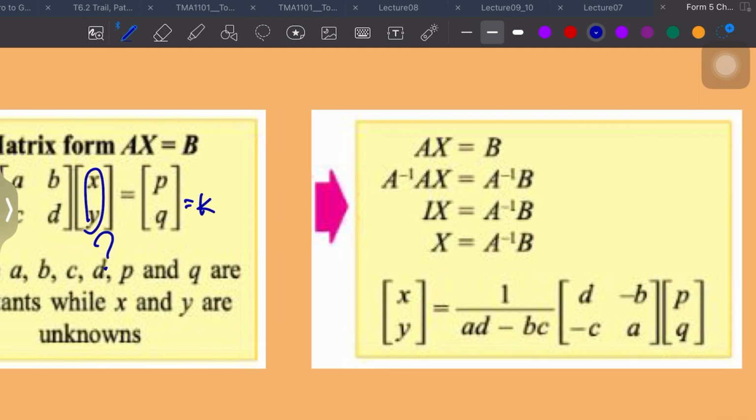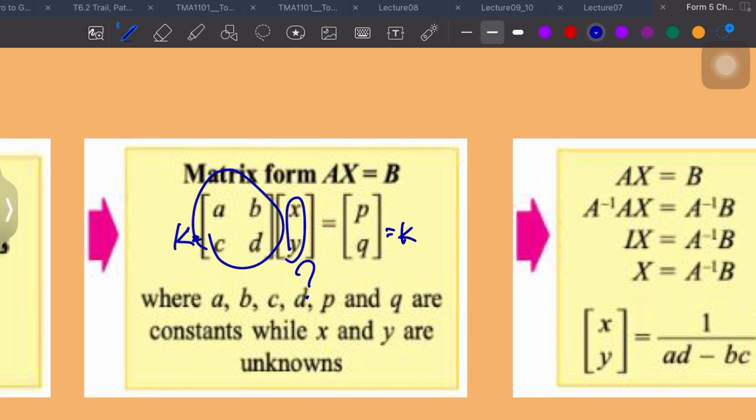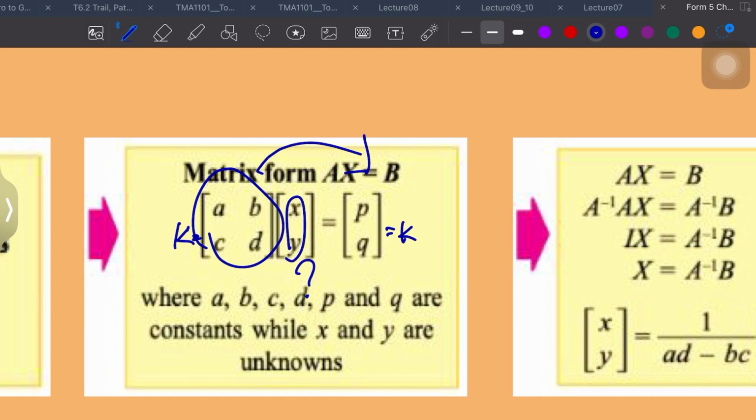Okay, so in order to find this, we need to move this matrix to the other side, which means we must go through the inverse form.